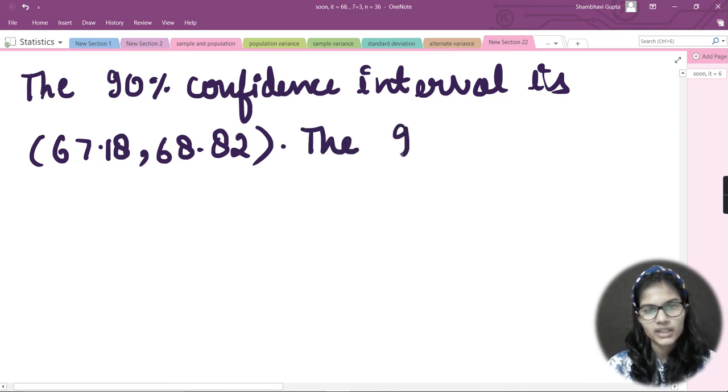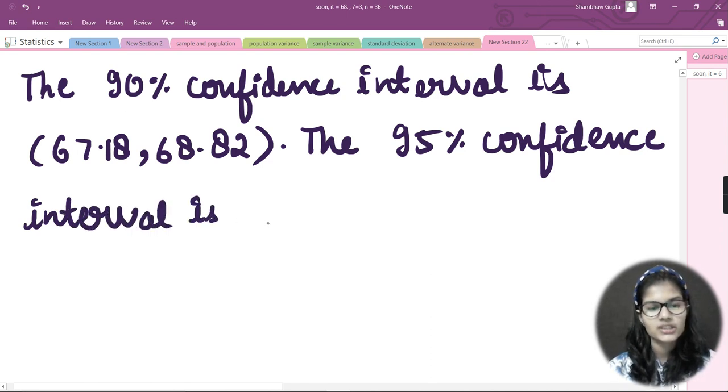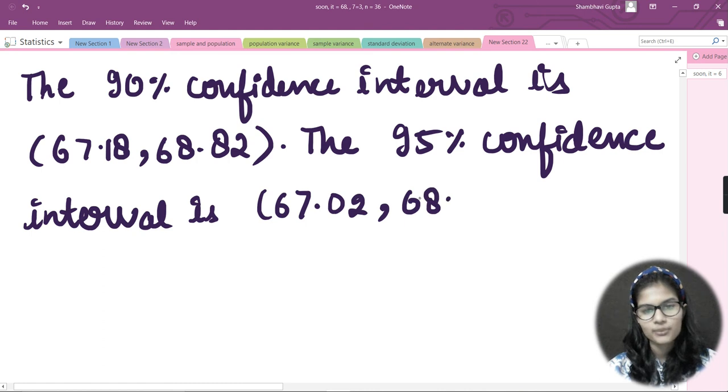Now talking about the 95% confidence interval, what is it? That is 67.02 comma 68.98. This is the 95% confidence interval.